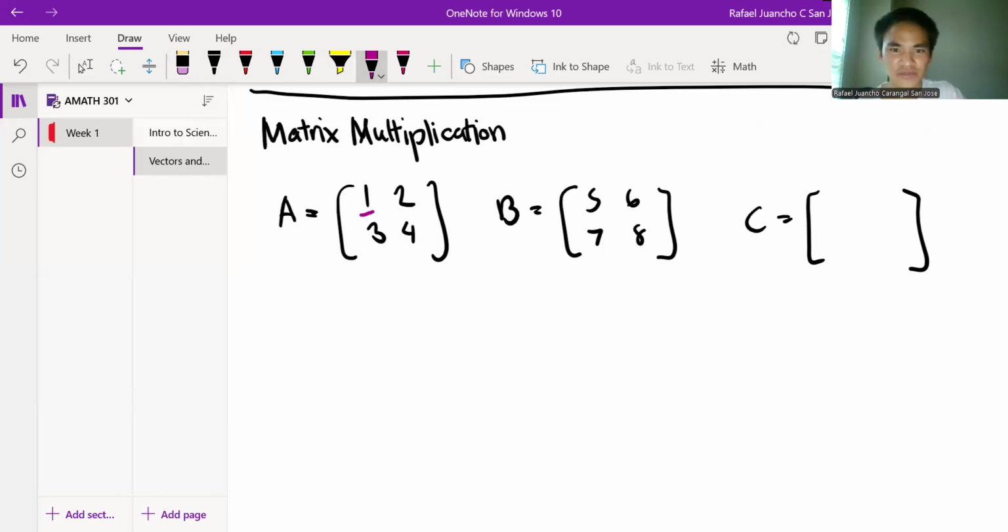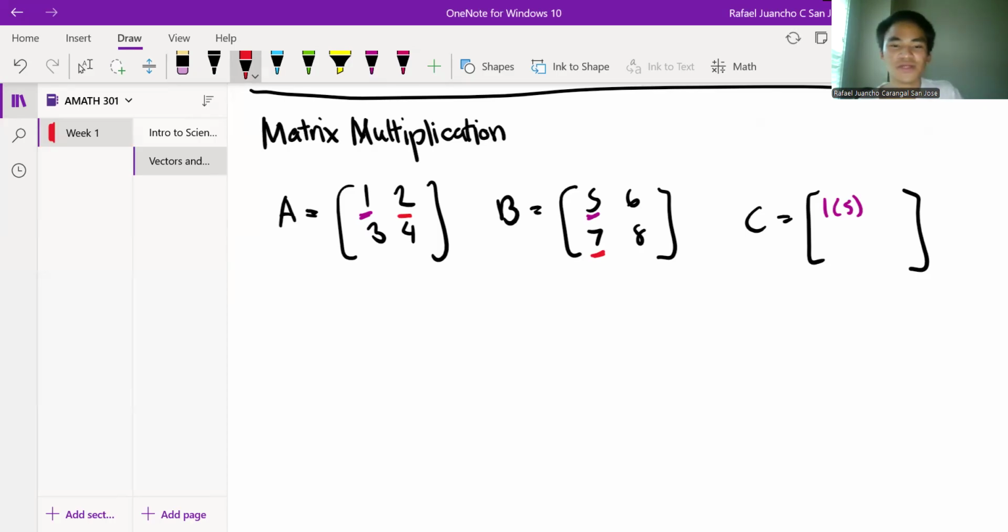So what that means is I'm gonna multiply 1 and 5. So that's 1 times 5. That's the first one. And then I'm gonna move to 2 and 7. Why did I say 2 and 7?